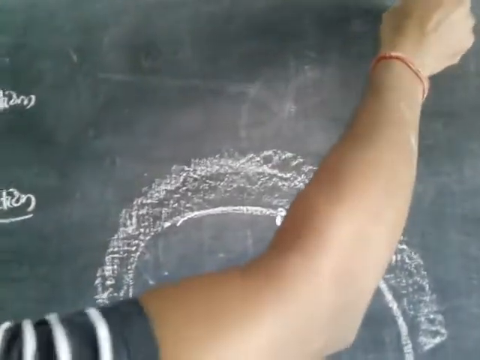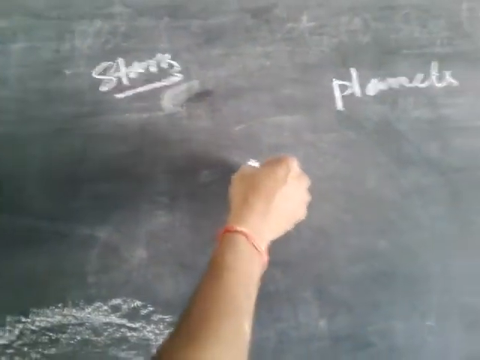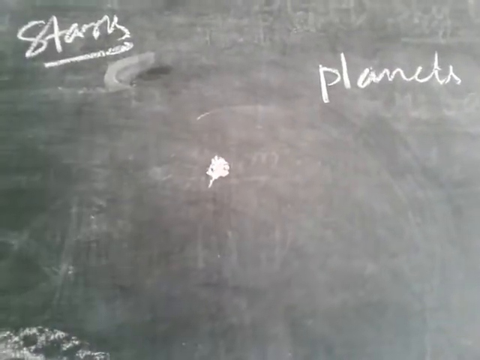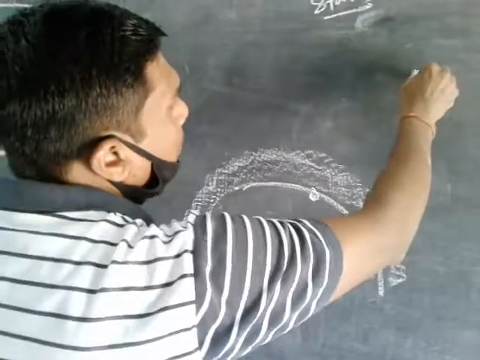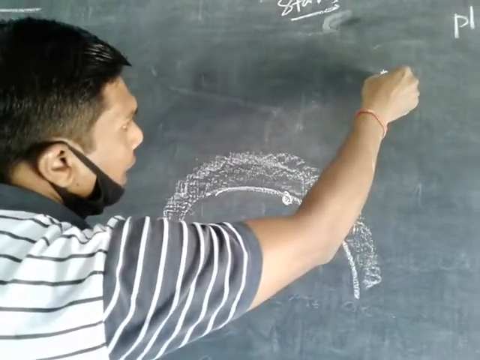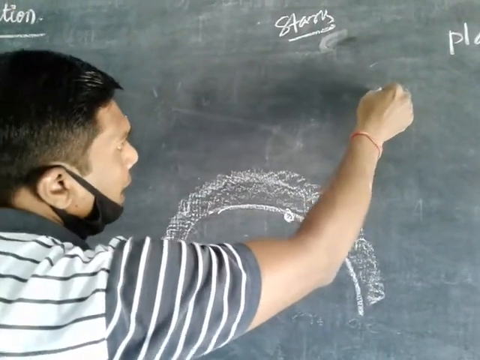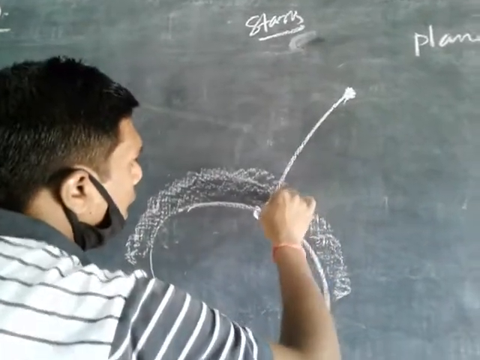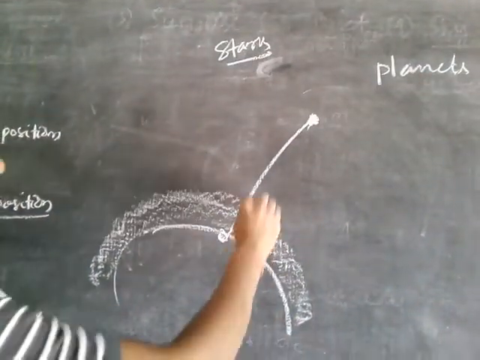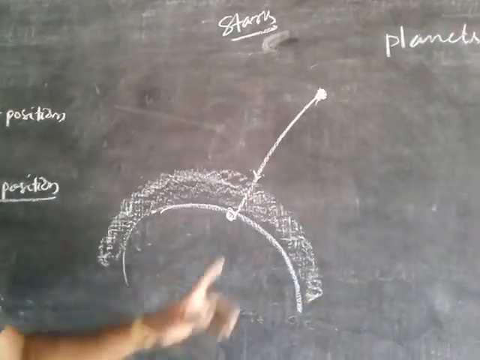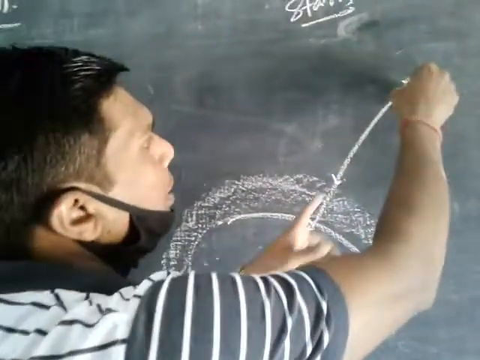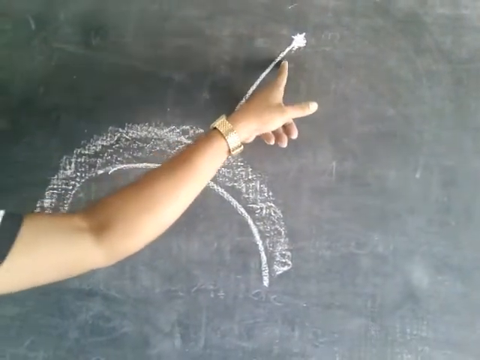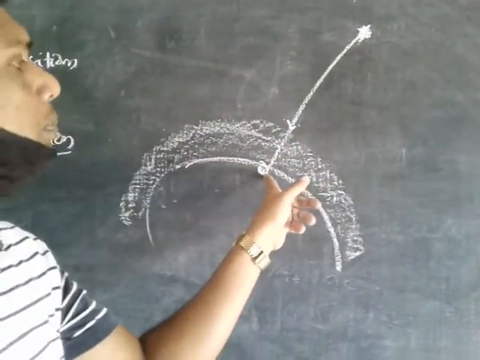And when the star's light is coming, due to atmospheric refraction, the ray of light from the star comes along a curved path to this person.